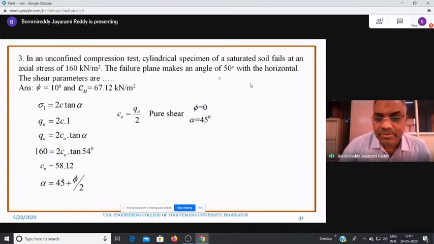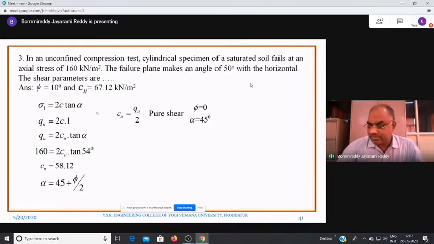The failure plane makes an angle of 50. What is the failure plane? Alpha. Alpha is equal to 54 degrees in the problem. Make a correction here, 54 degrees with the horizontal. The shear parameters are.